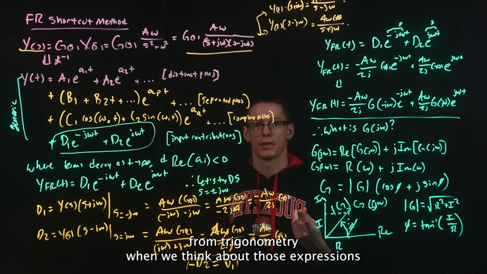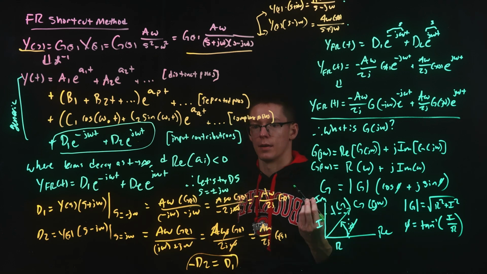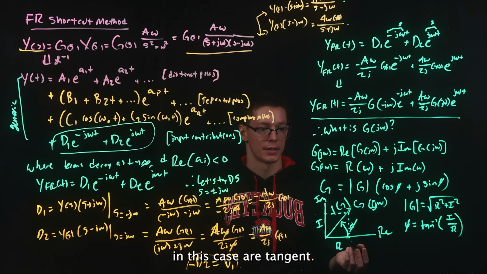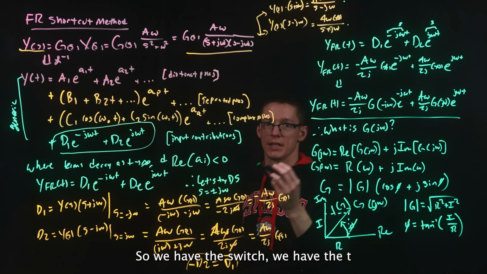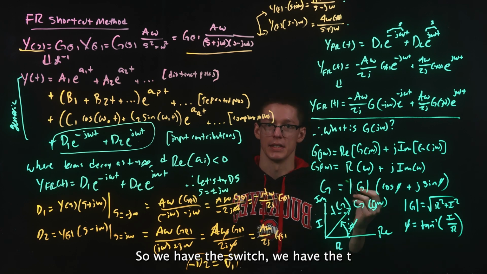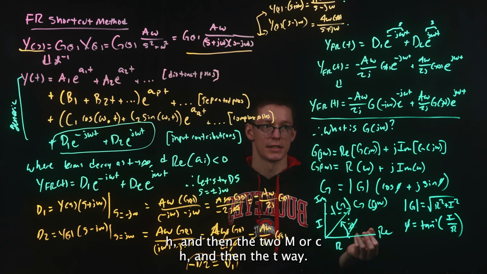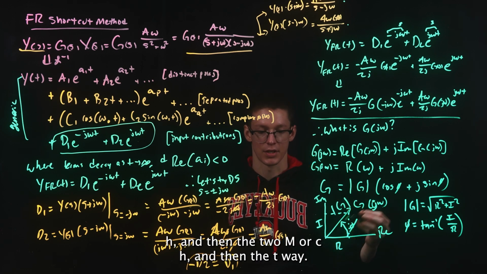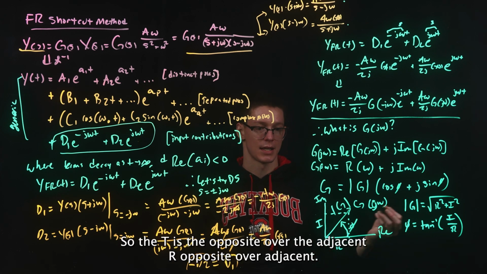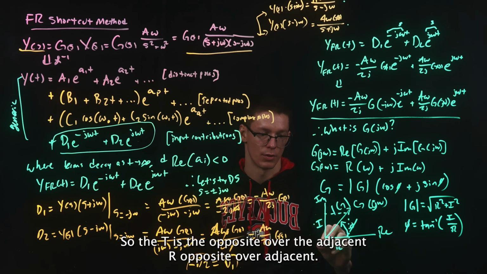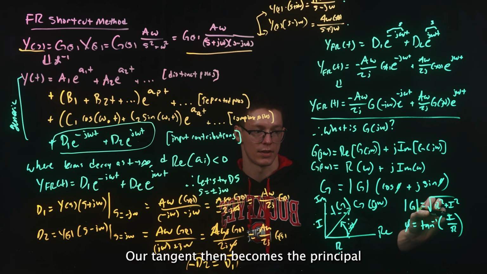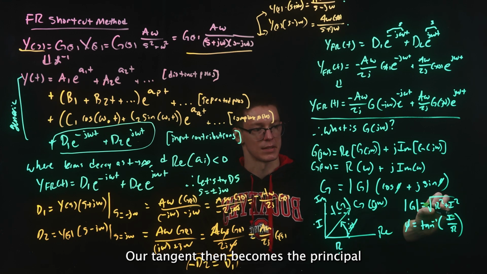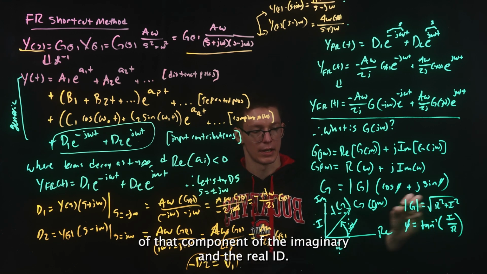When we think about those expressions, in this case, our tangent, so we have the SOH, the CAH, and then the TOA. So the T is the opposite over the adjacent. Arctangent then becomes the principal of that component of the imaginary and the real.